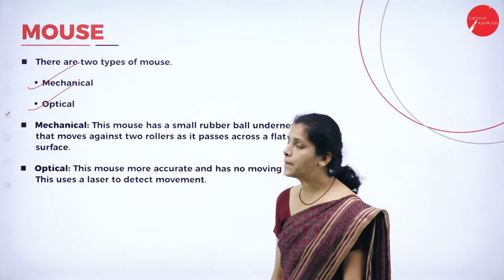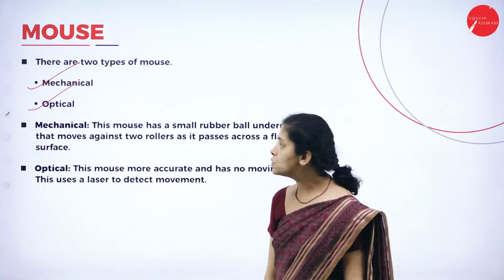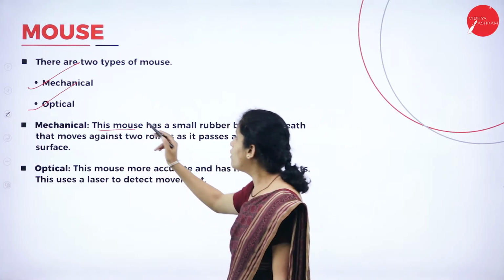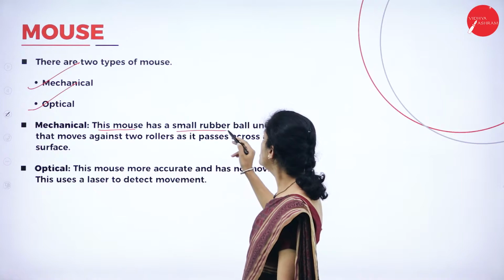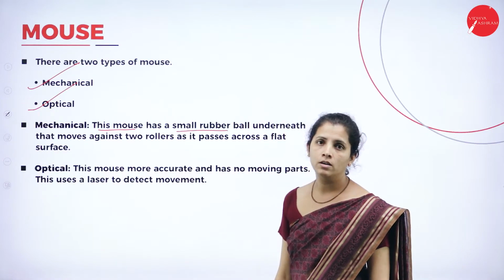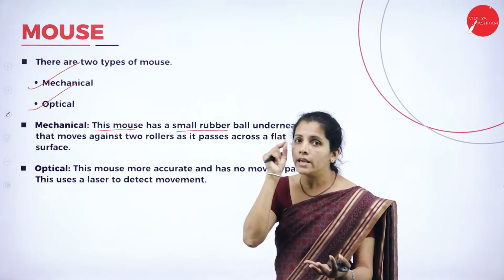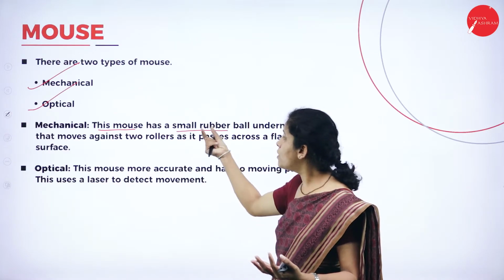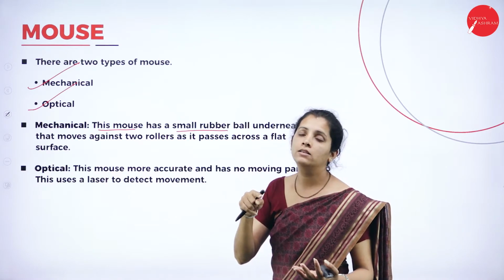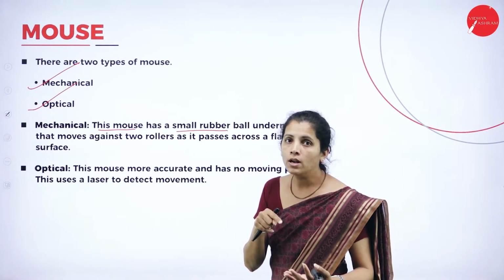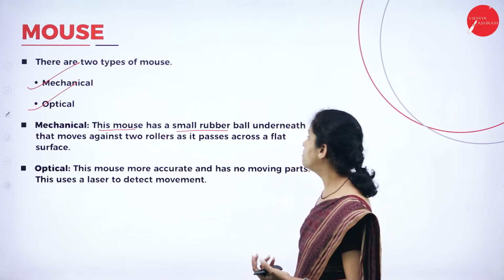So what is this mechanical mouse? What is the use of a mechanical mouse? It is an example of a mouse and has a small rubber ball. When a mouse has a small rubber ball that I scroll, that kind of mouse is called a mechanical mouse.